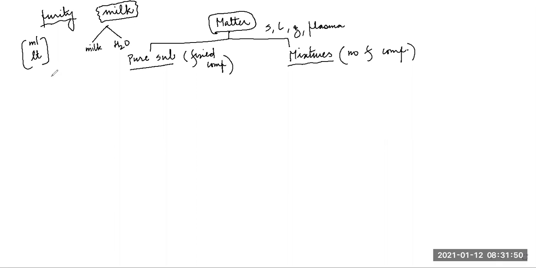But you take some sample of air, its constituent particles are the same. It has fixed composition. So we will say even air is pure. Now, pure substances can be classified into two categories. Number one, elements. Number two, compounds.